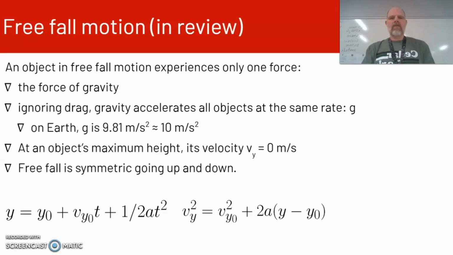That's the final velocity squared in the y dimension is equal to our initial velocity in the y dimension squared, plus 2 times a times y minus y naught, our displacement in the y direction. And then vy is equal to vy naught plus at. So our final velocity in the y direction is equal to our initial velocity in the y direction plus acceleration times time.